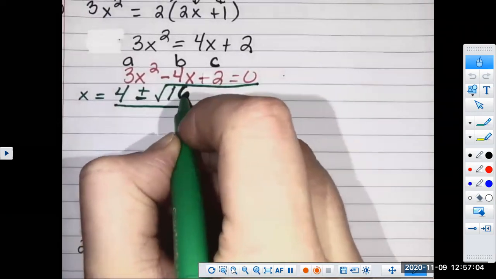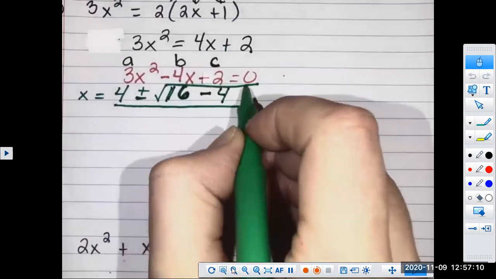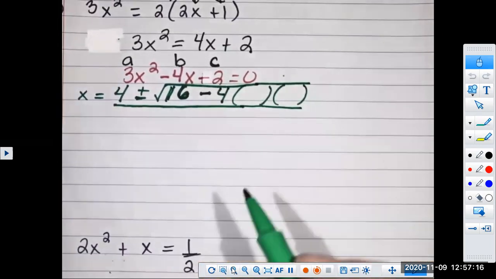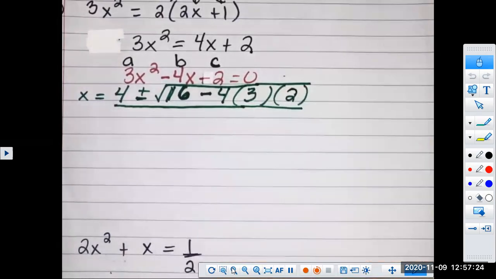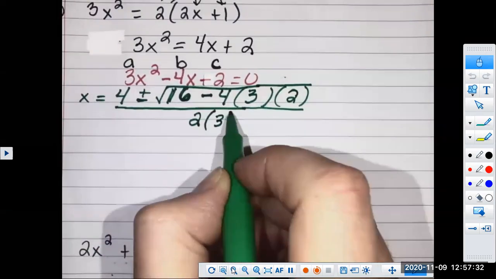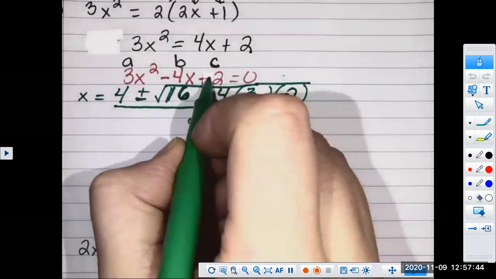You got, yeah, square B. So you'll plug in 16 minus 4 times A, which is 3. And then positive 2. All over 2 times A, which is 3 on the bottom. Hey, is everybody okay with that? No, thank you. It shouldn't be minus.